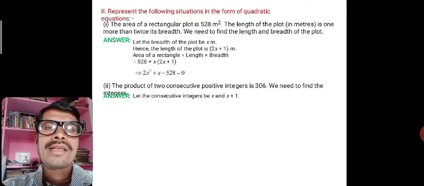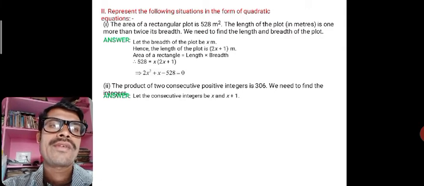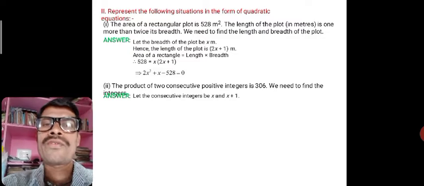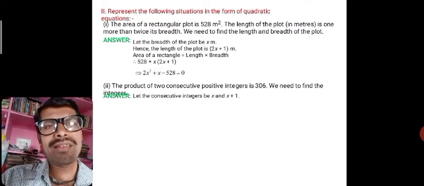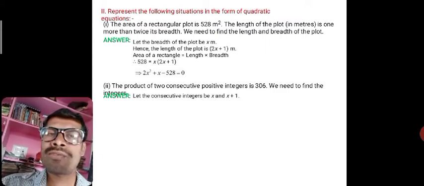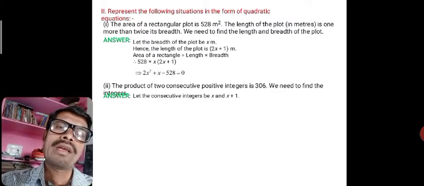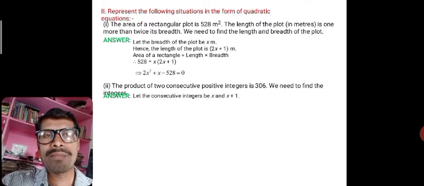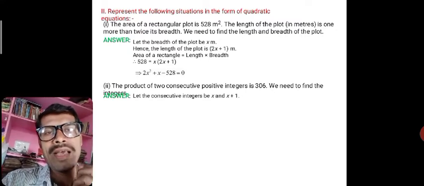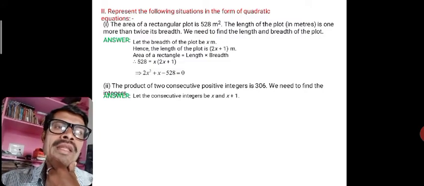Therefore, let us consider those numbers as x and x + 1. You can also consider the integers as x and x - 1, nothing problem. Because consecutive integers means one after the other, one beside the other, are the consecutive ones.